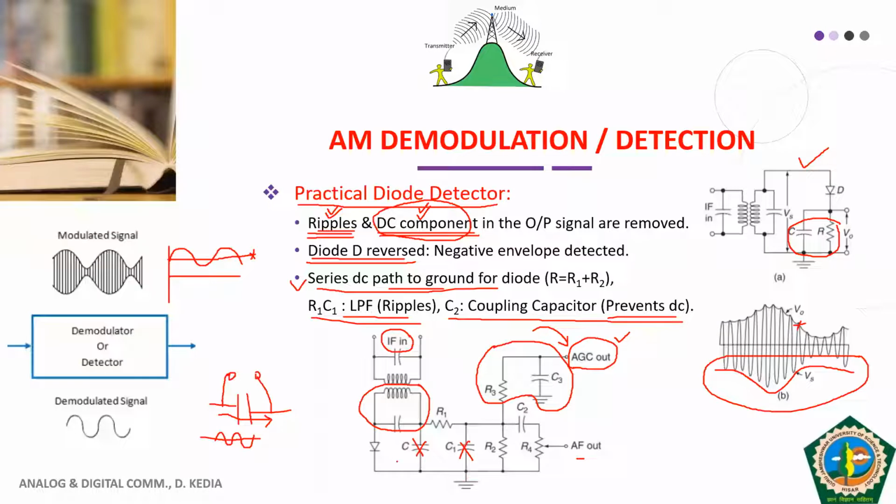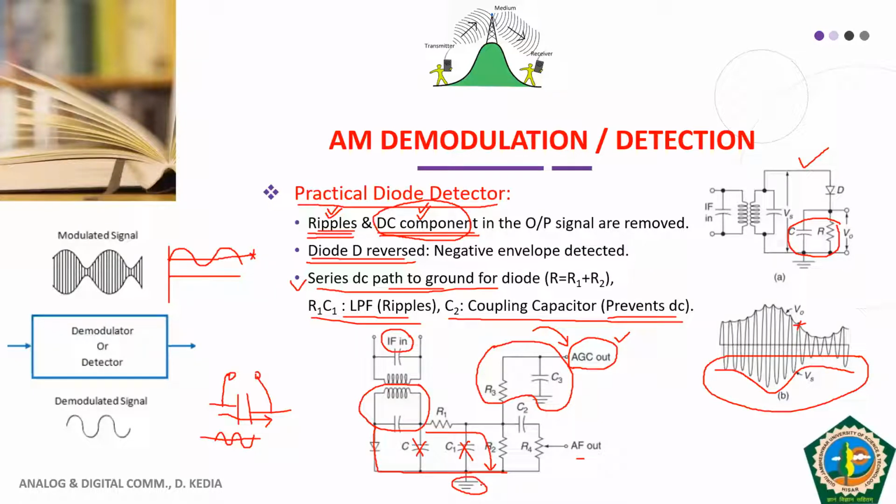So what does it mean? Whatever signal comes, now this diode, when forward biased, behaves like a short. So there is a kind of short present across this R1 and R2, and this is nothing but grounded.